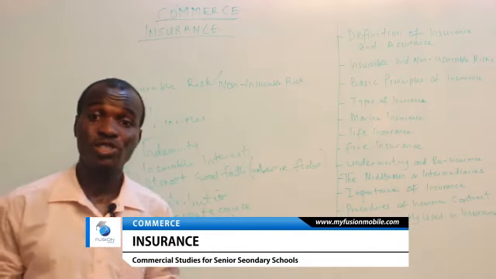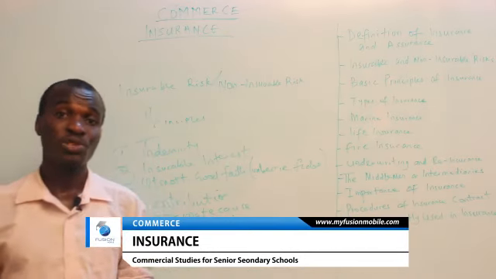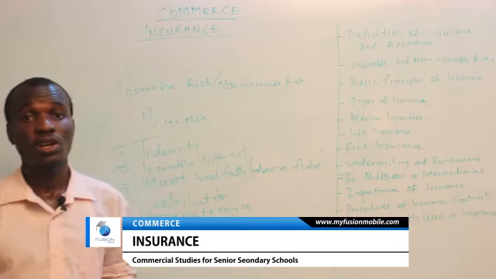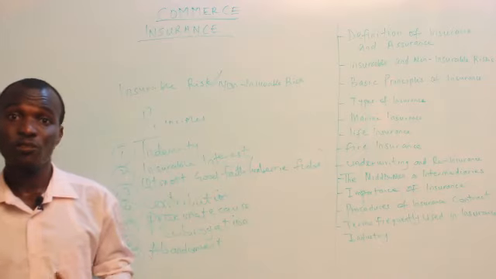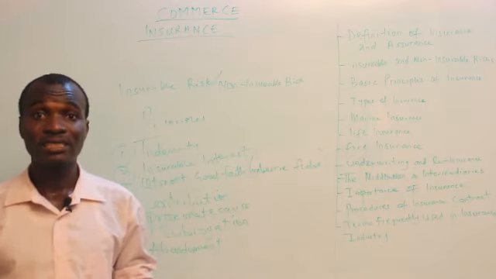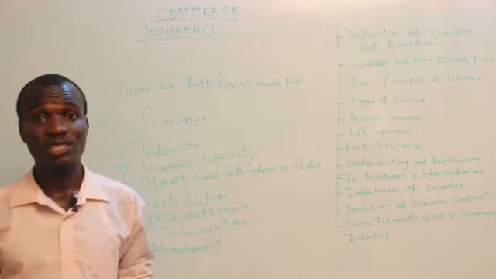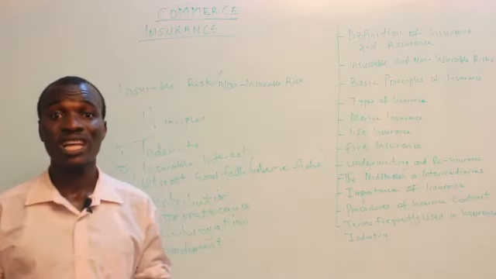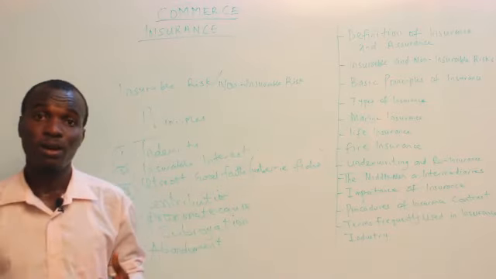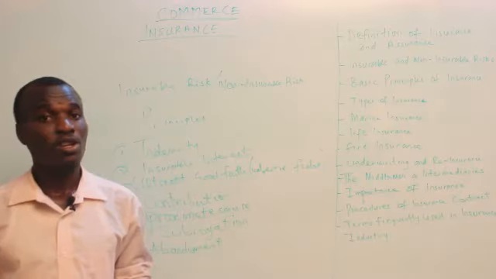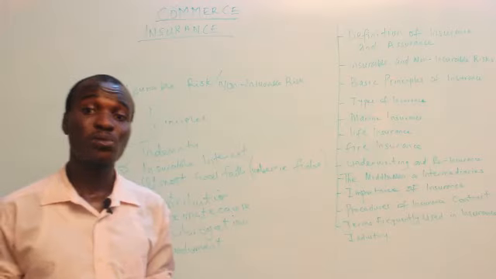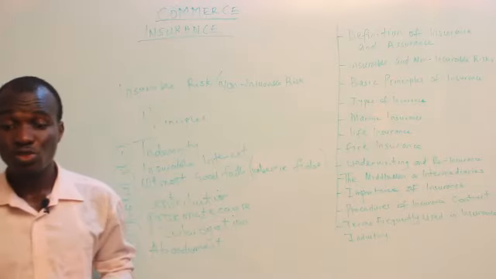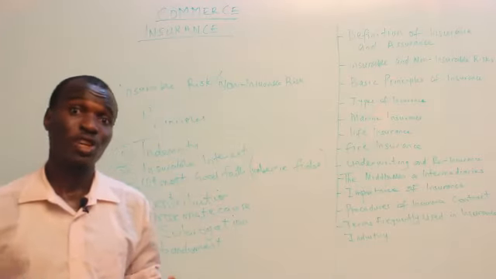A person must have a direct interest in any property he is to insure, such that in the event of any eventualities, that thing must bring liability and losses to him, not to someone else. So you must insure your own property, not someone else's property, like your brother's or your neighbor's.